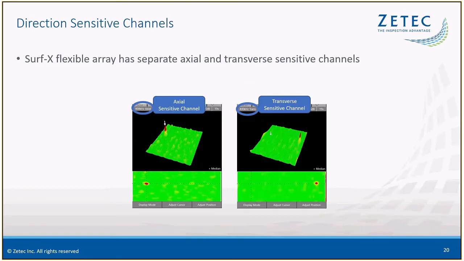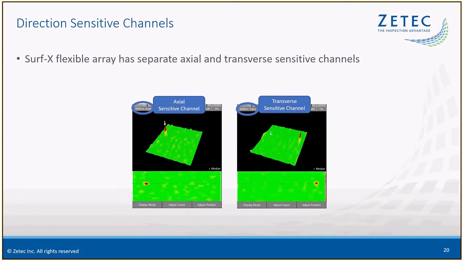So you can have different channels: an axial sensitive channel and a transverse sensitive channel. Your result down here, this would be the scan direction, so that would be axial, and this is transverse. If you have an axial sensitive channel, it will pick up anything oriented in that axial direction.